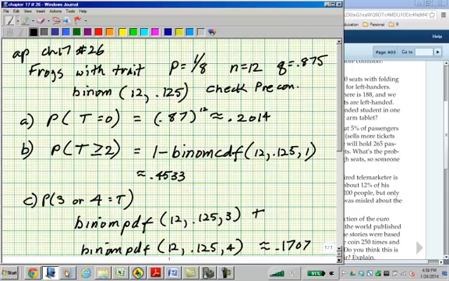So A, what's the probability that the number of frogs with the trait is 0? Well, that would simply be the probability that none of them have the trait. Now, the probability that none of them have the trait is 0.875 to the 12th, which is approximately equal to 0.2014.